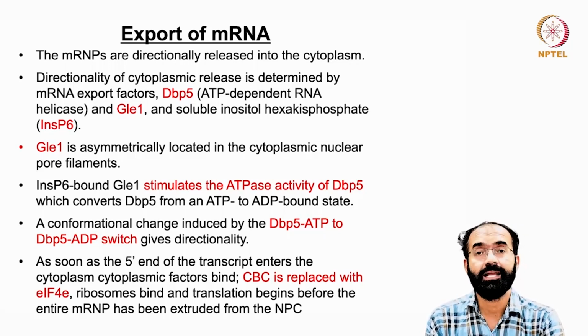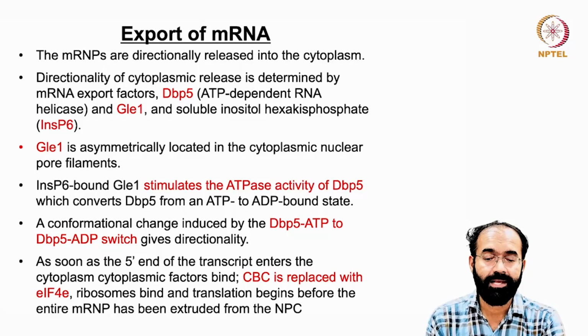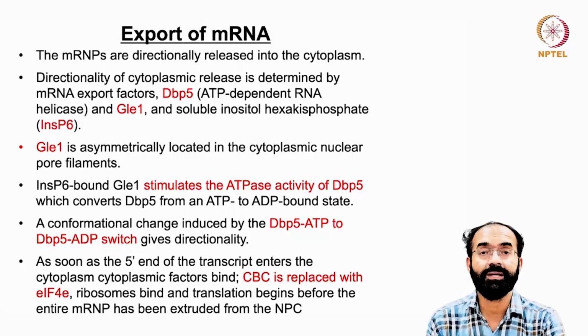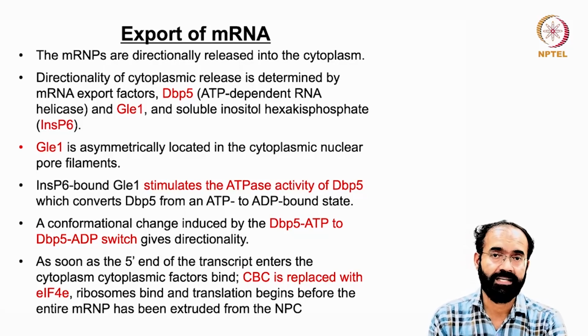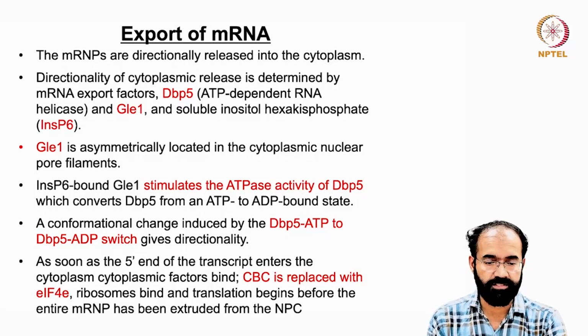So remember, the DBP5 ATP and DBP5 ADP bound state decides which direction the RNA should go. DBP5 ATP bound is in the nucleus, DBP5 ADP is on the cytoplasmic side. So this structural change allows the cargo to move into the cytoplasm.